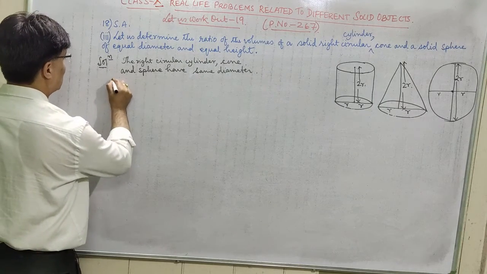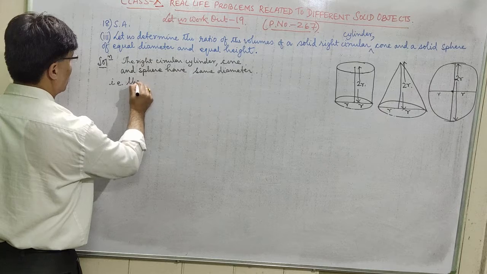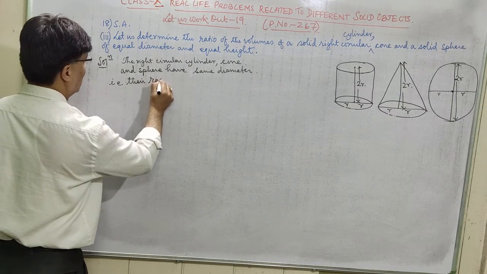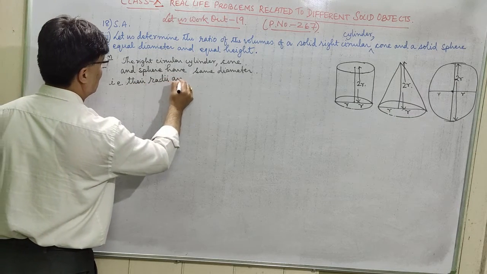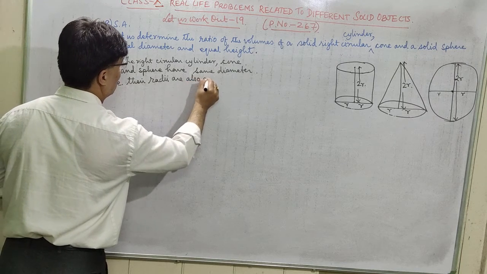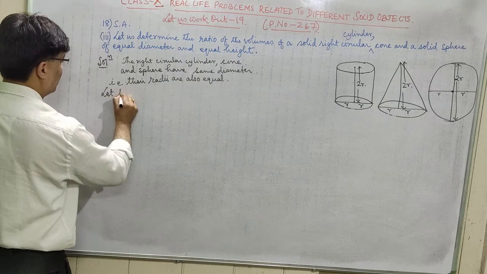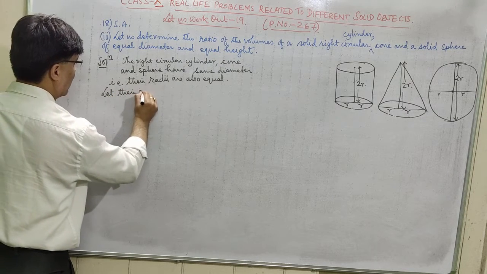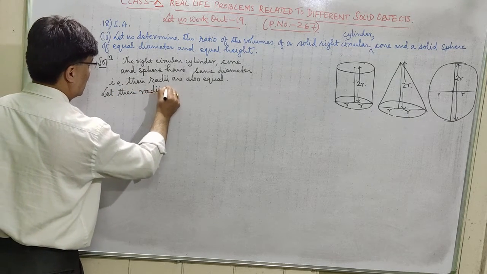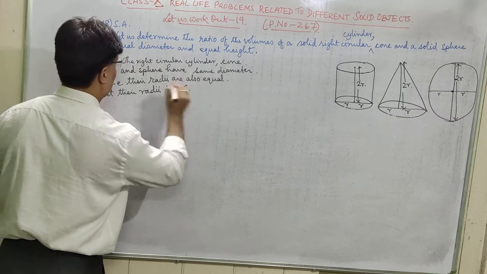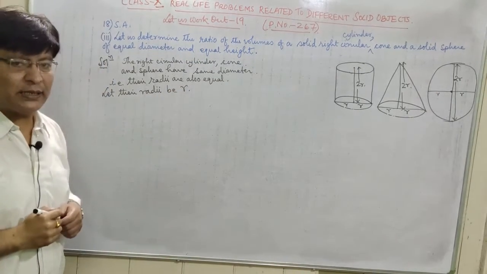That means their radii are also equal. So let their radii be R.